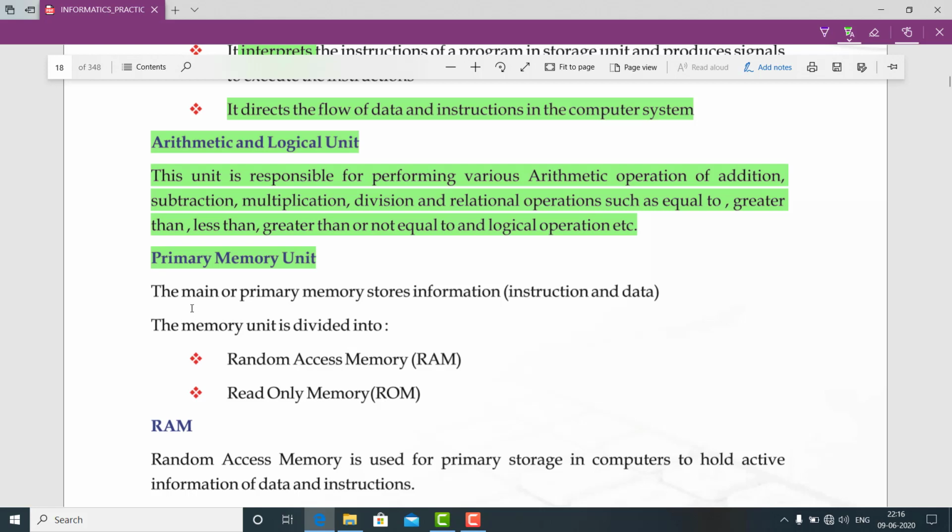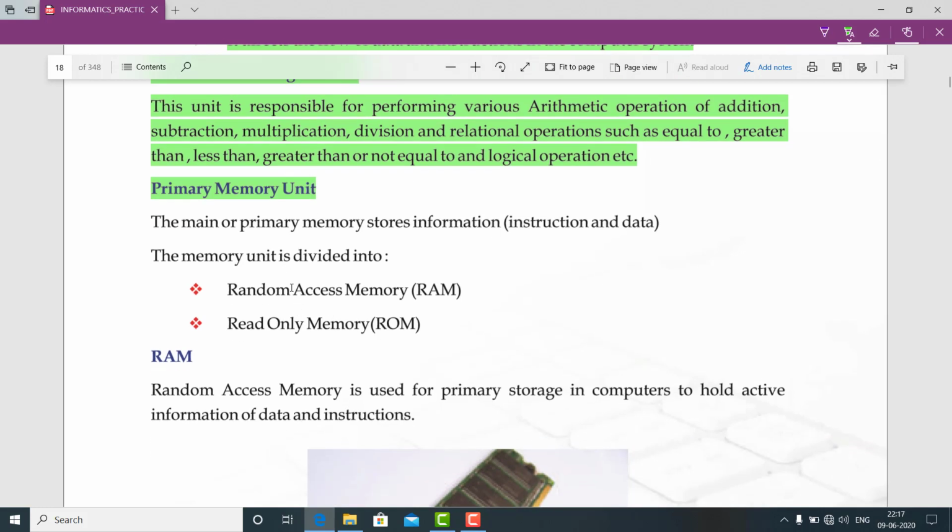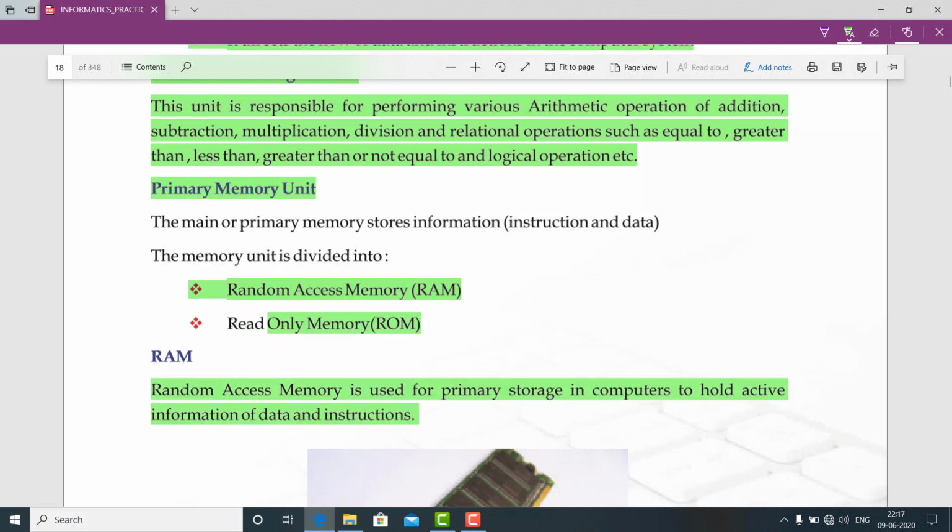So the basic definition of the main or primary memory: it stores information, instructions and data. Clear? So it stores simple basic instructions and data in our memory. The primary memory has RAM and ROM. Clear? So first RAM. We will talk about the RAM.